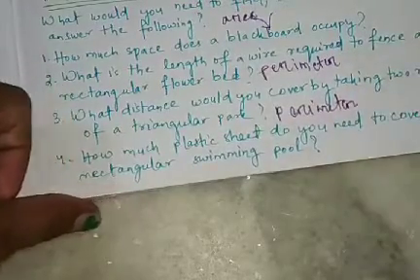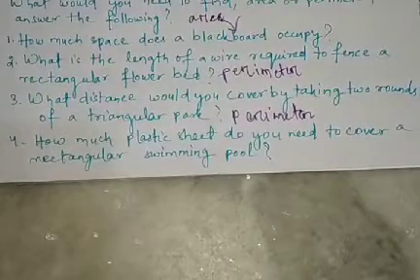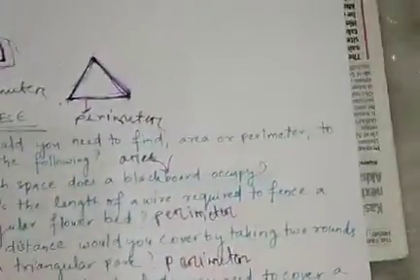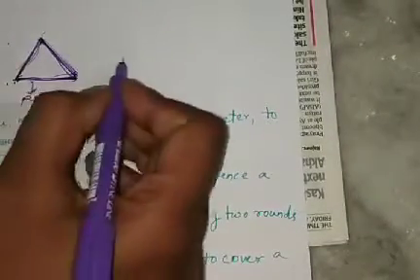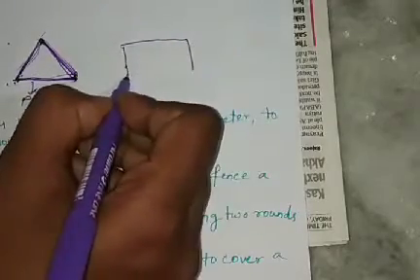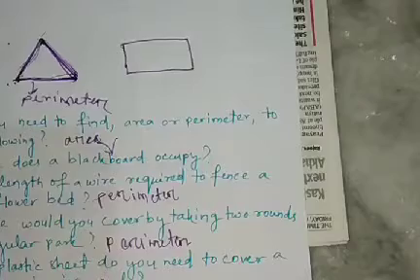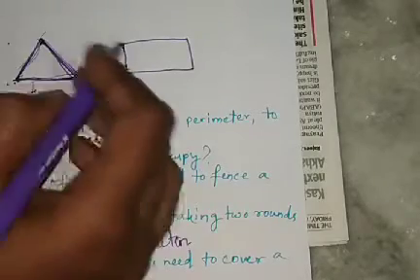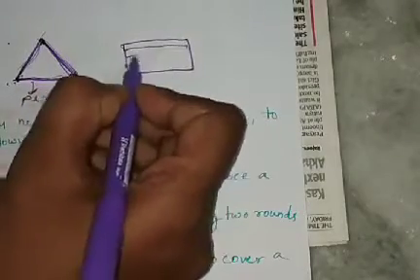Next you see how much plastic do you need to cover a rectangular swimming pool? Okay, so here you have a swimming pool, a rectangular swimming pool. I am drawing by hand. You need to cover it with a plastic sheet.